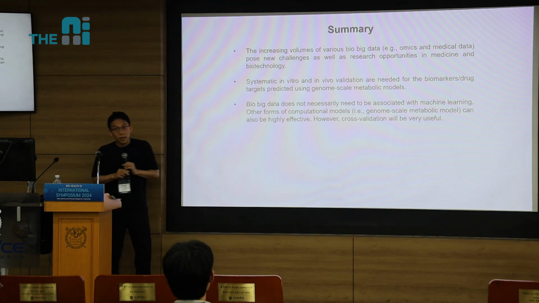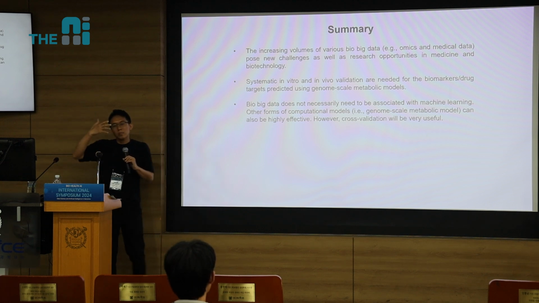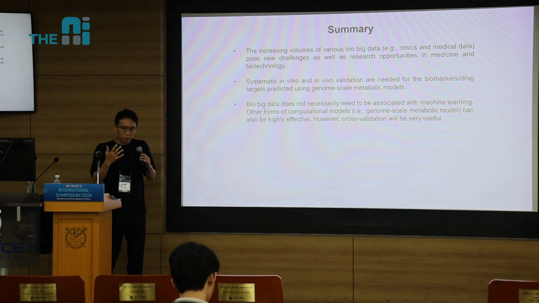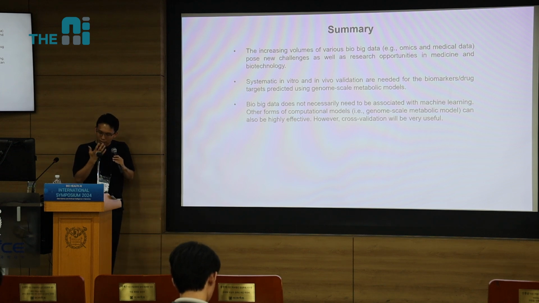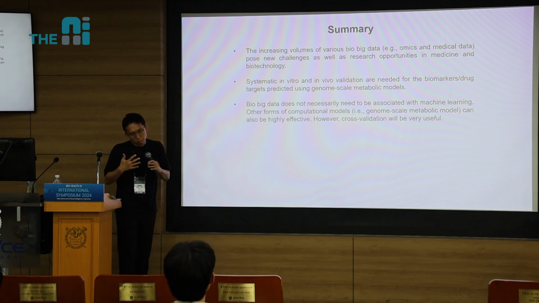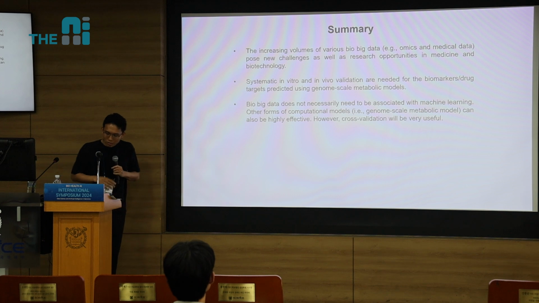And I say that mechanistic models can still be effective, and rather than using a single one, multiple different types of models can be complementary to one another. Each model has its own inherent limitation, but by using multiple models, we can mitigate the limitations of each of the models that we use.